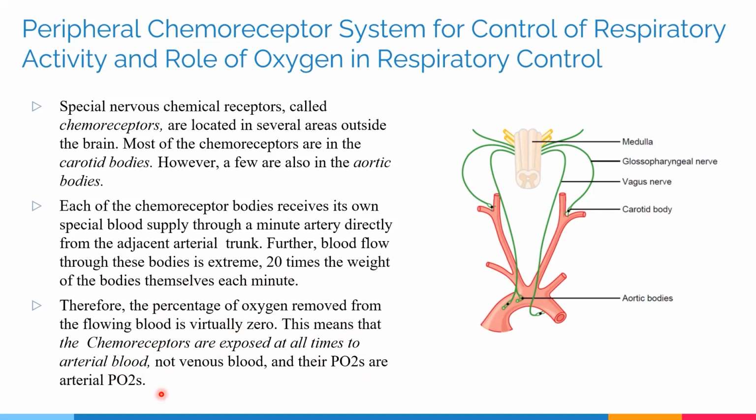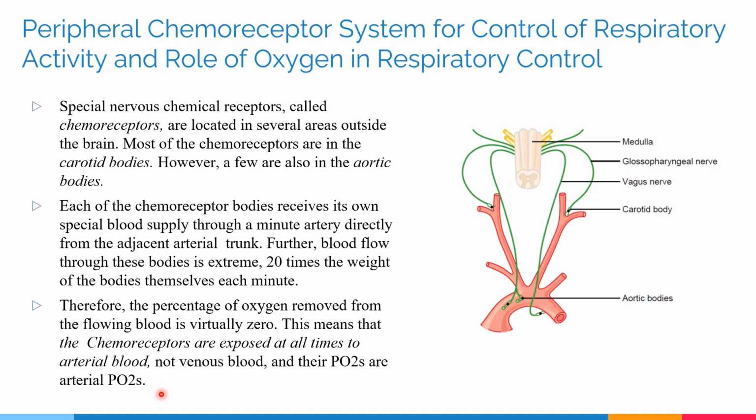What this means is that the carotid bodies are very small and the blood flow rate through them is extreme. What this causes is that the carotid bodies and the blood vessels and the tissues surrounding them are not able to take up oxygen at the extreme rate at which blood is flowing through them.